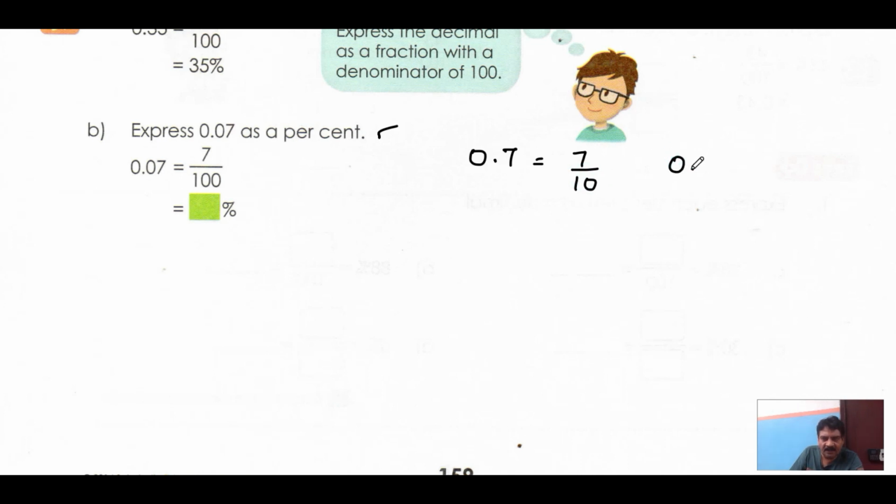When you have 0.07, then here, right, you have 2 digits after your decimal, so you divide it by 2 zeros, that is 100. That is why you got it here as 7 by 100, meaning 7 out of 100, that is percent, 7%.